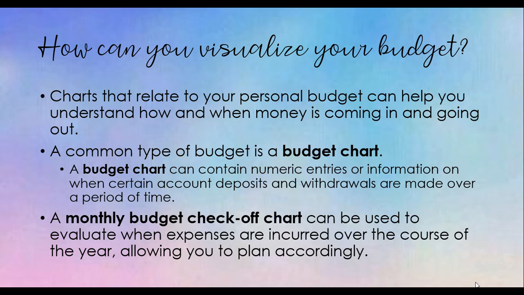One of the budget charts is a monthly budget checkoff chart, which is literally just you check off the expenses as they come in month to month, over the course of the year, which allows you to plan accordingly.